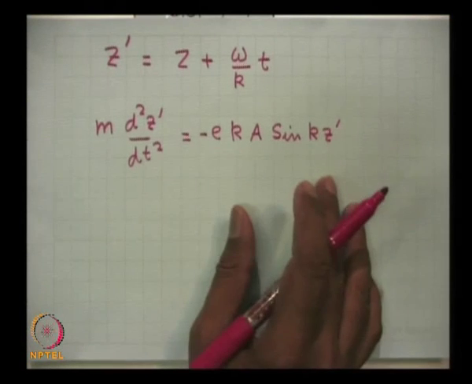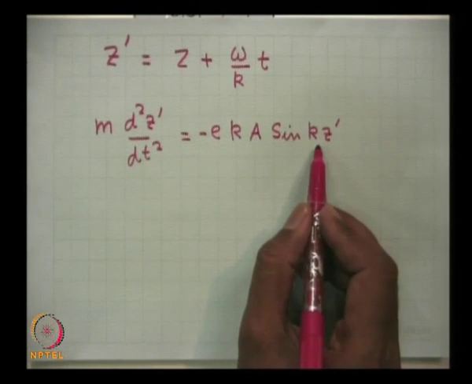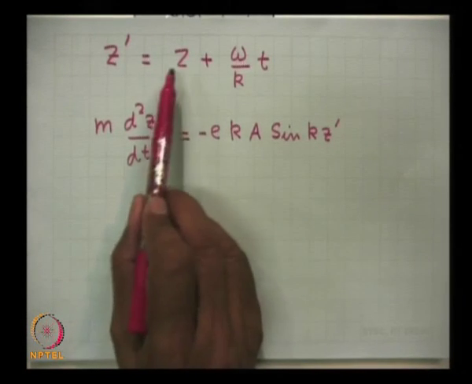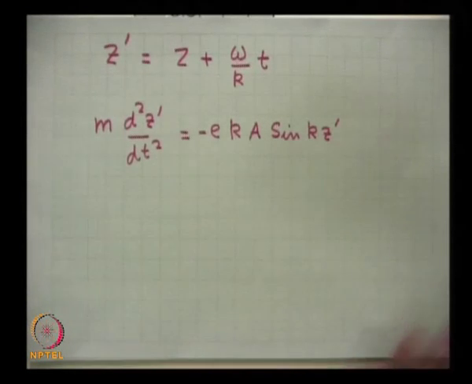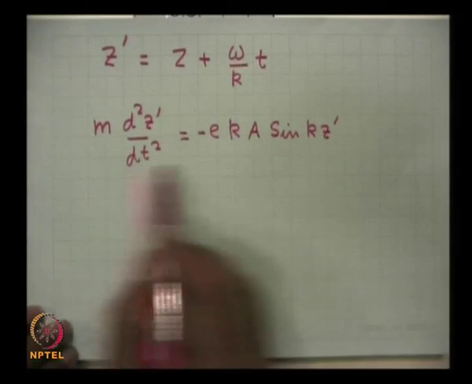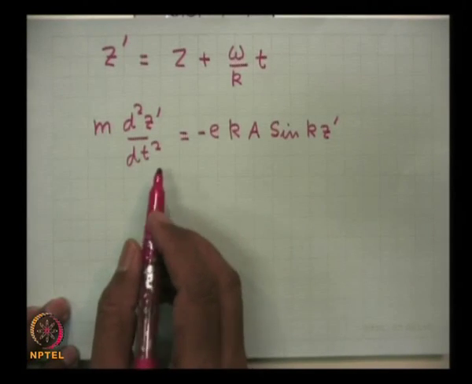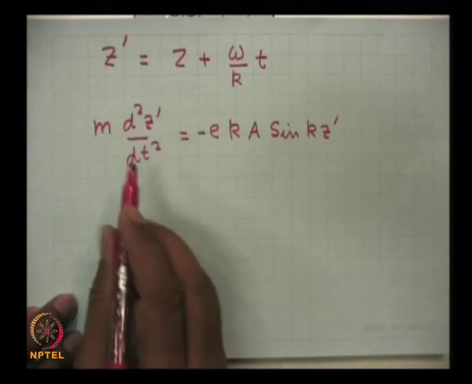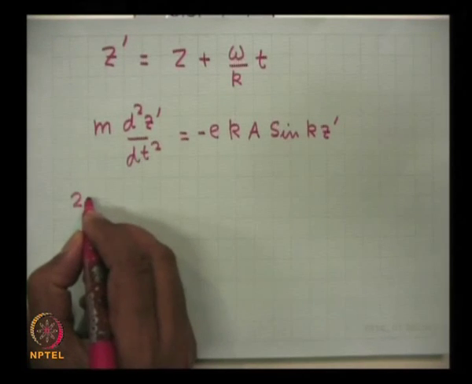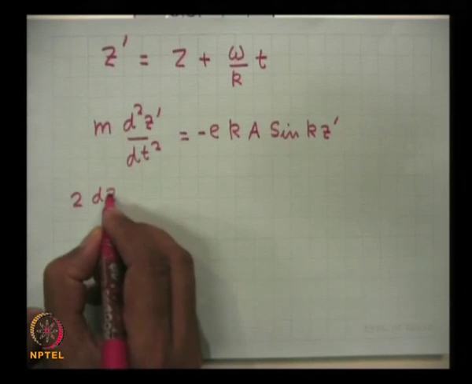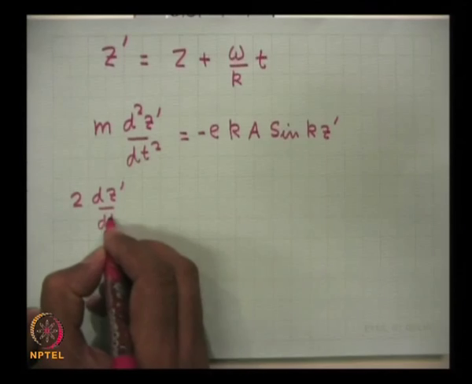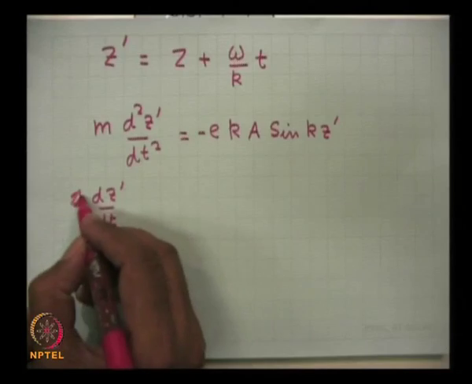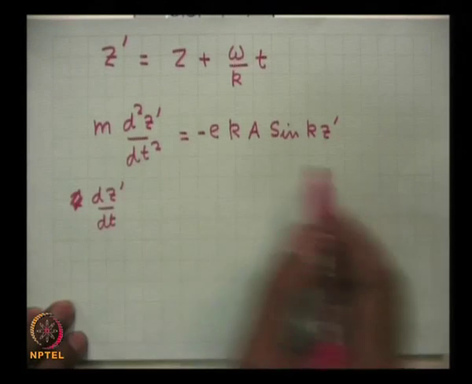Now this equation can be integrated because there is no explicit time dependence on the right hand side. So just by making a transformation from z to z prime given by this expression, my equation of motion for the electron of the beam in the presence of an electrostatic wave becomes so much simpler. Now multiply this equation by dz prime by dt and integrate.